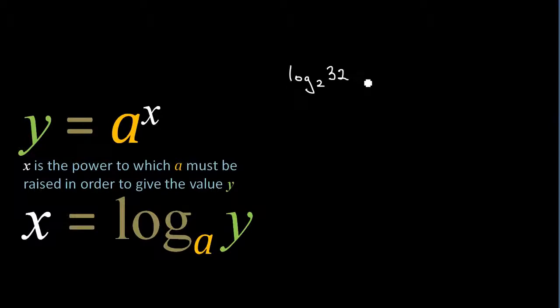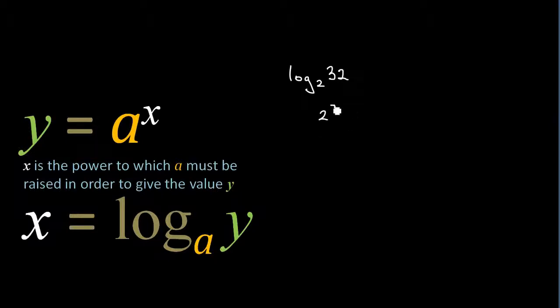Well, the answer that it wants here is x, that's what we're trying to find. Let's then rewrite this in terms of x. So we take the base, so here's the base here, and write it as a normal ordinary number.